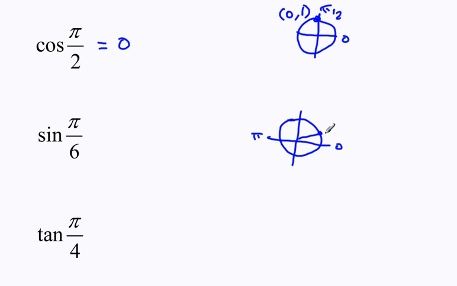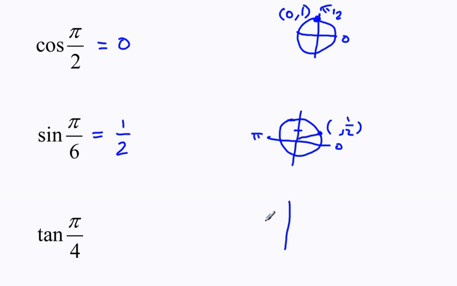And I need this point, and I know sine is the y-coordinate. And I always remember, one of these is 1/2, the other is √3 over 2. So I look at my y-coordinate, and I say, am I halfway up, or am I like that √3 over 2 almost all the way up to 1? Which is 0.866. And I see, oh yeah, I'm about halfway up. So there we go. Sine of pi over 6 is 1/2.